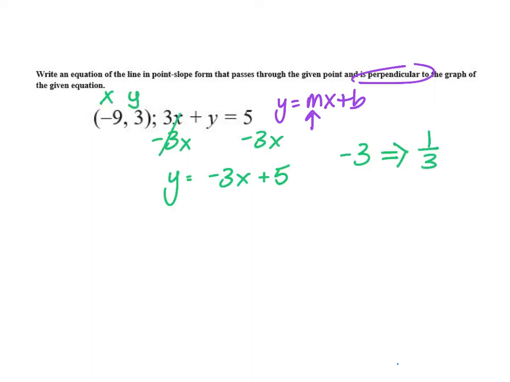All right, let's see where we're at. So I rewrote my equation to y equals mx plus b format. So y equals negative 3x plus 5. So my slope is negative 3, and to make it perpendicular, I must have a slope of 1/3. So now I'm going to rewrite my equation.